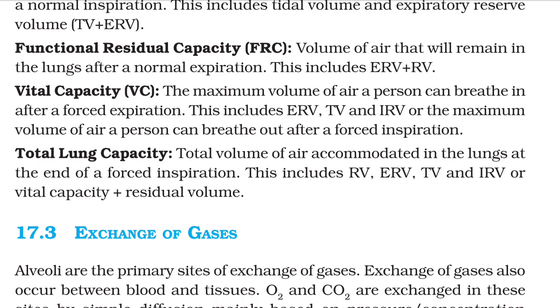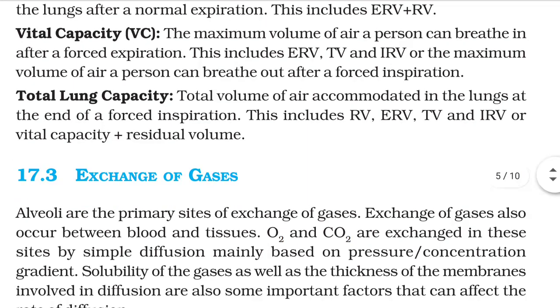The volume of air that will remain in the lungs after a normal expiration, which is expiratory reserve volume plus residual volume. Expiratory reserve volume is 1000 to 1100 and residual volume is 1100 to 1200, which is approximately 2300 ml.